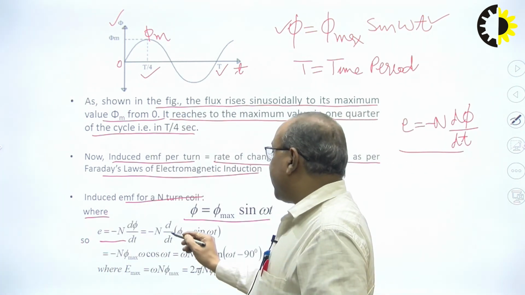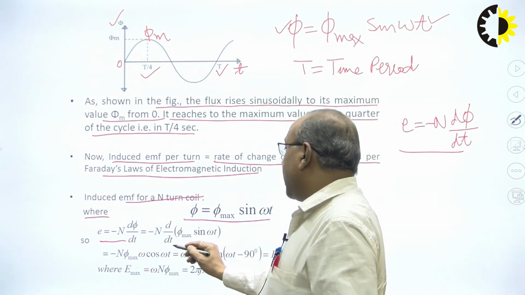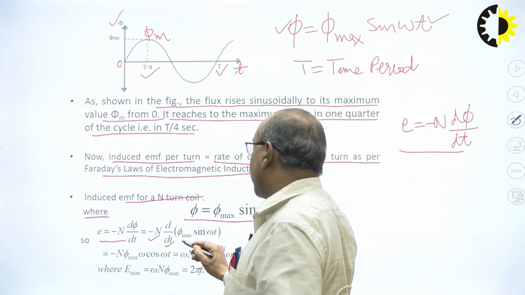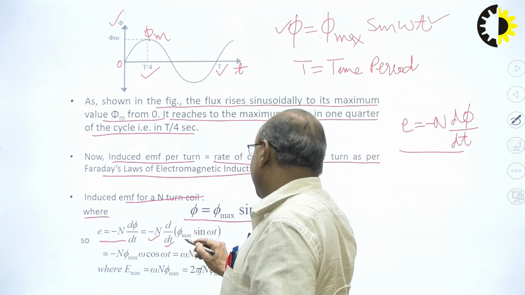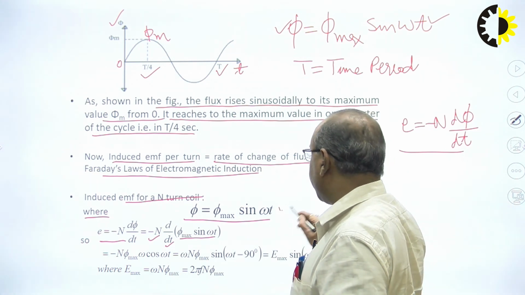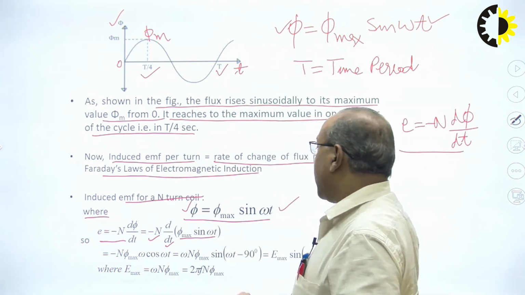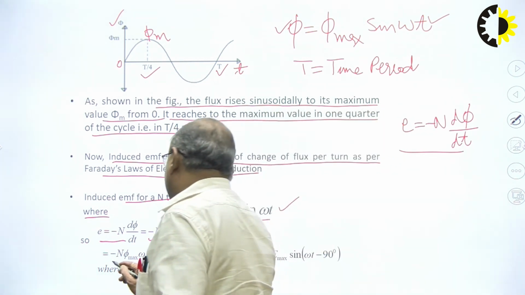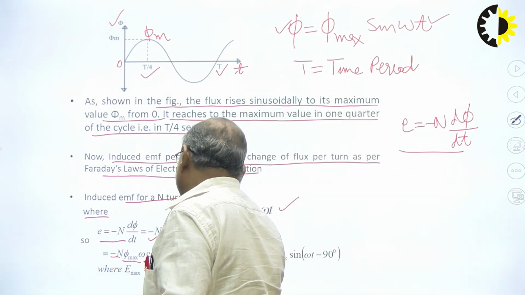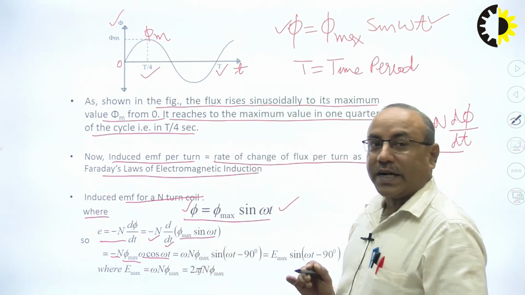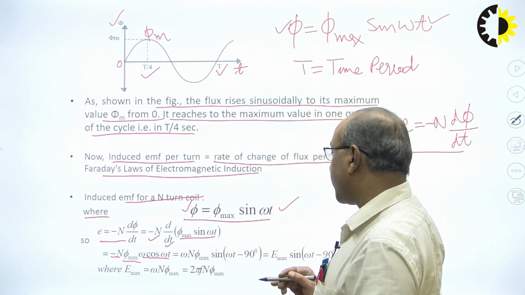By putting the value of phi in this equation, E becomes minus n d by dt, that means differentiation of flux, that is phi max sin omega t, since phi is equal to phi max sin omega t. After taking this differentiation, it is equal to minus n into phi max into omega cos omega t, since the differentiation of sin omega t with respect to t is omega cos omega t.